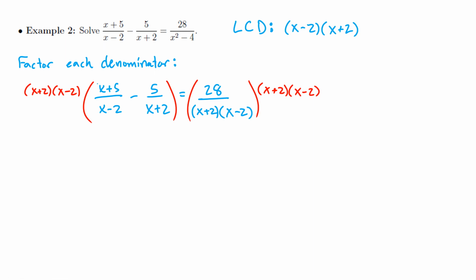All right, so over here I know I need to do some distribution, right? And I'm not going to be in a big hurry to cancel anything out. I'm just going to write out what it is.